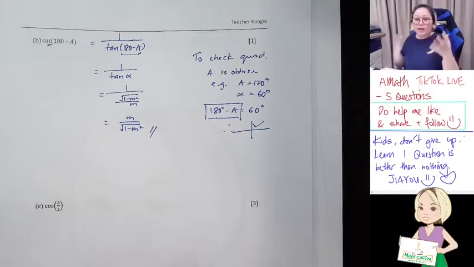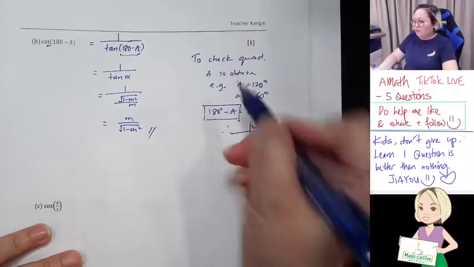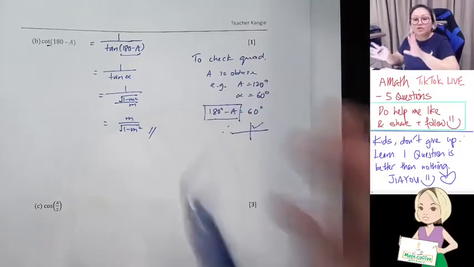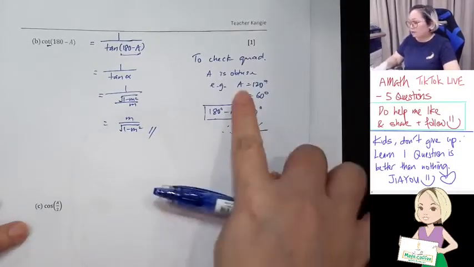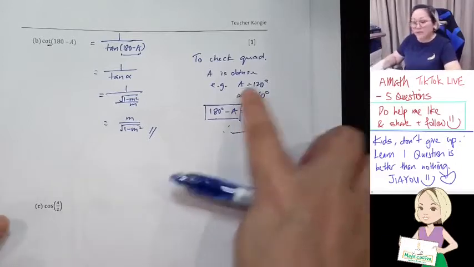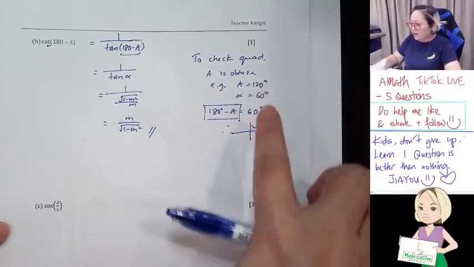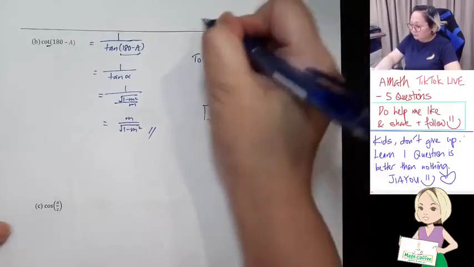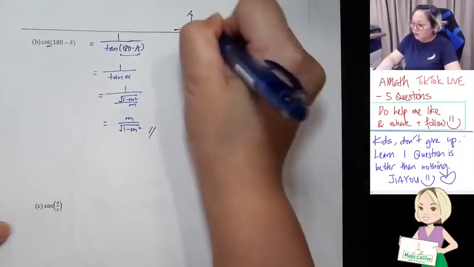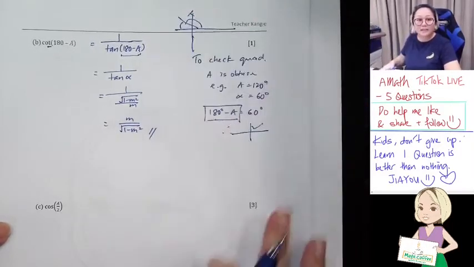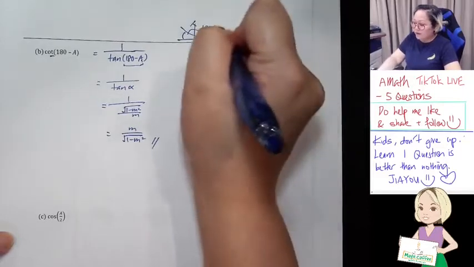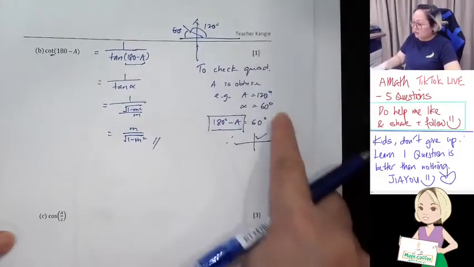So sometimes we cannot memorize, right? So what I do is, I just test it out. Since I know my A is obtuse, I will just try with any angle. I will assume, for example, my A is 120. When my A is 120, we know that our basic angle is 60 degrees. I just write it here.